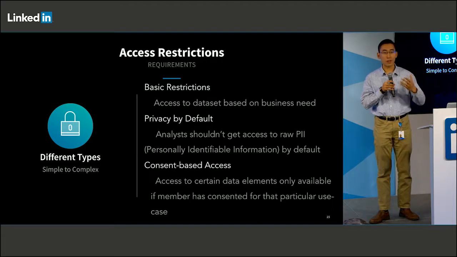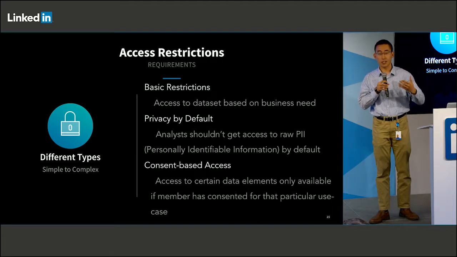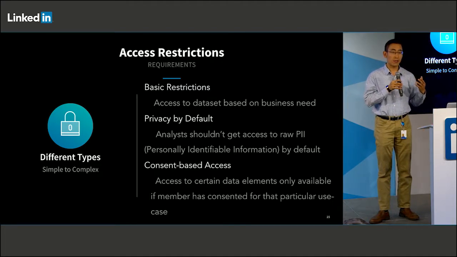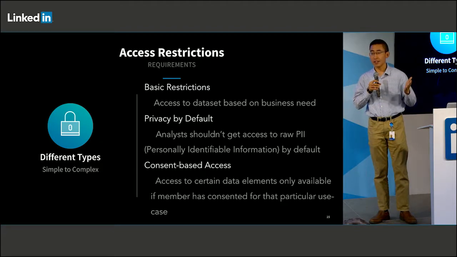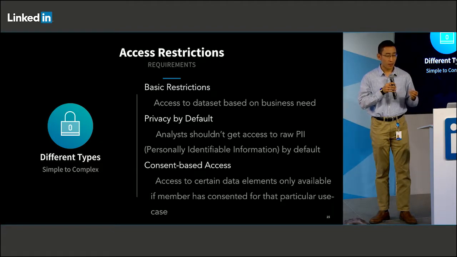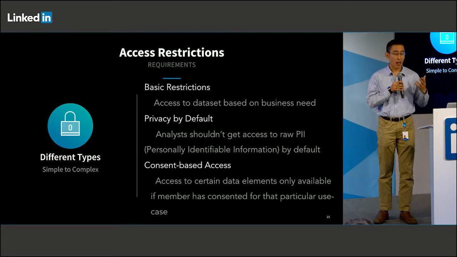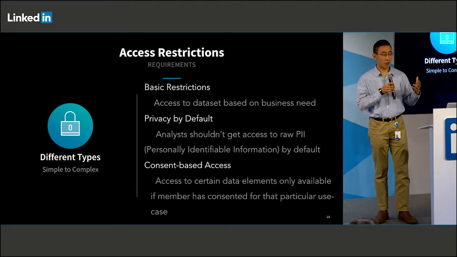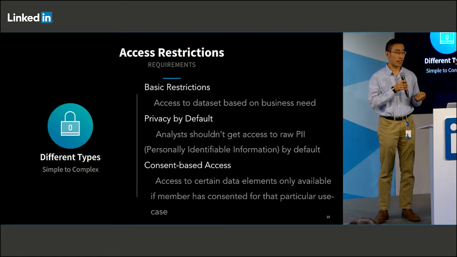But, to protect members' privacy, it only needs to be shared on a business case basis. And by default, we don't want to make all of our data sets world readable. A lot of aggregations and metrics can be done on the obfuscated data as well without having to expose people's personal information directly.